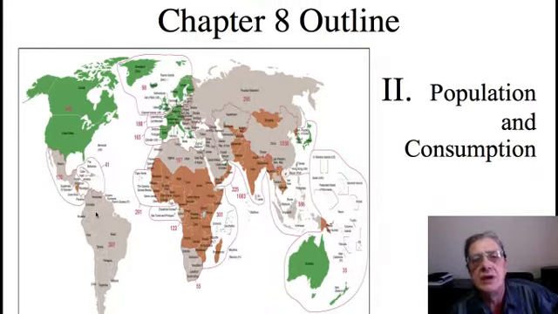So obviously, when we ask the question of how many people this world can support, the question is largely determined by the opposite question of at what standard of living do you want to support them?